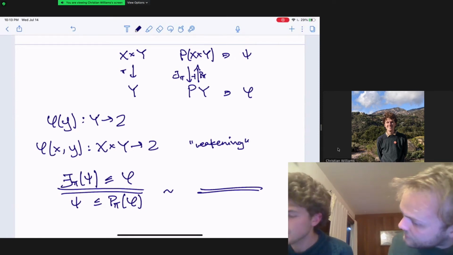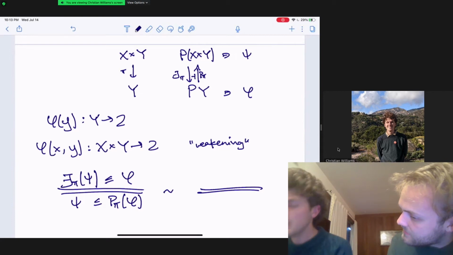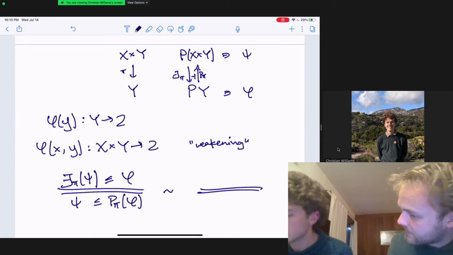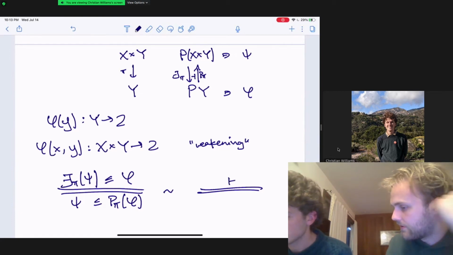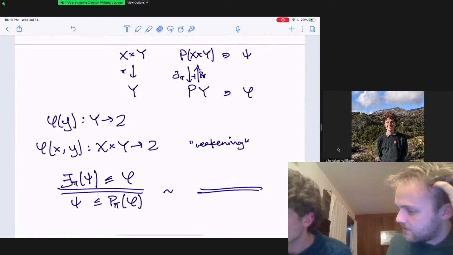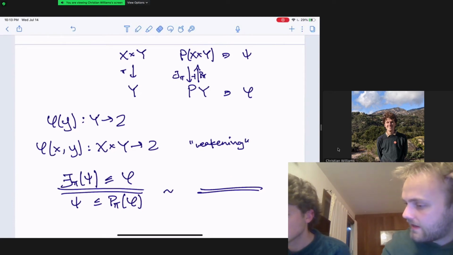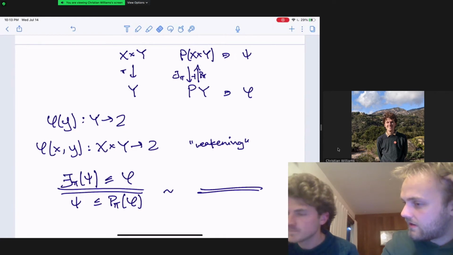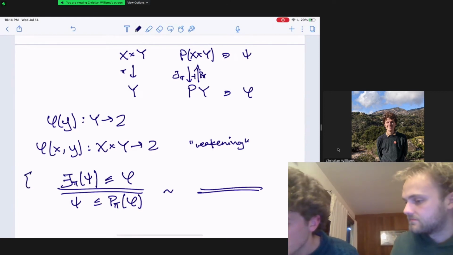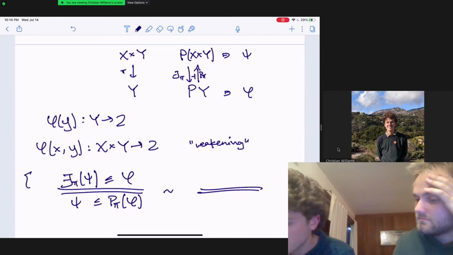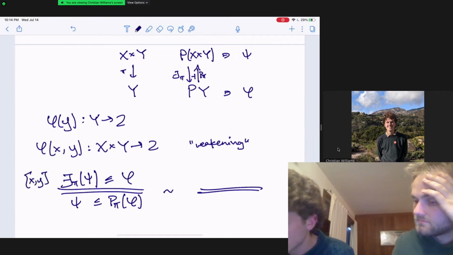Can we write this in terms of contexts? Yeah, I feel like it makes sense if you think about phi as being in context x. Yeah, we could write it like xy here.